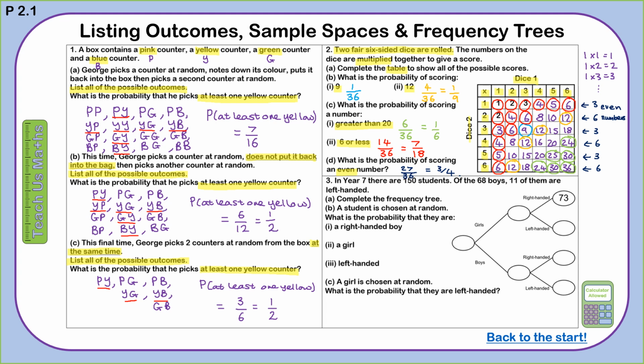So that is an example of a sample space diagram, an organised way of recording all of the outcomes of 2 events. And then you can use the table to calculate the probabilities, counting the numbers of the outcomes in the table that satisfy the situation you need out of all of the total number of possible outcomes in the table.